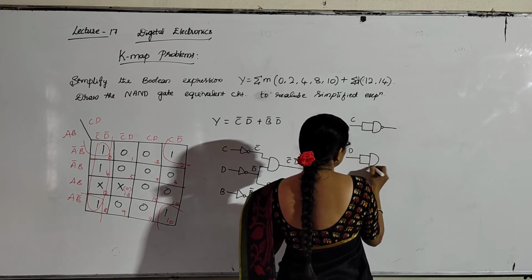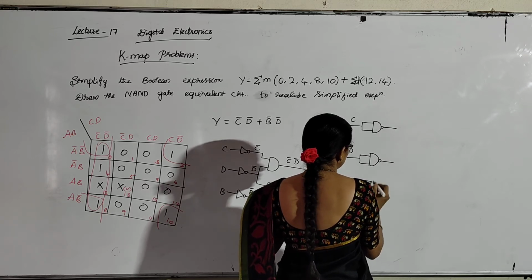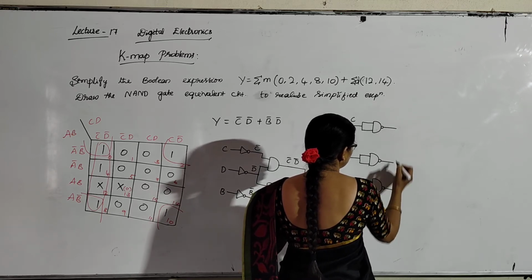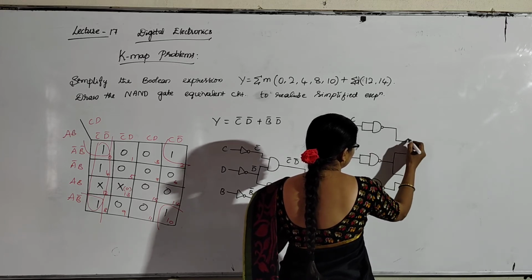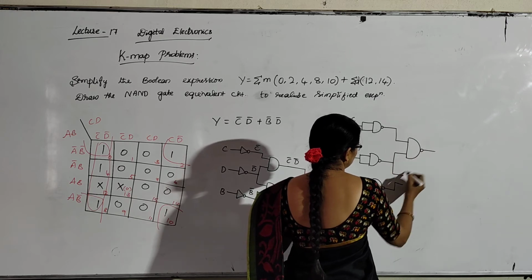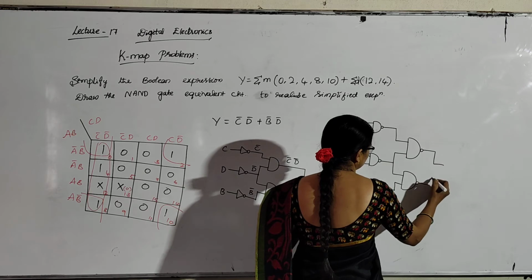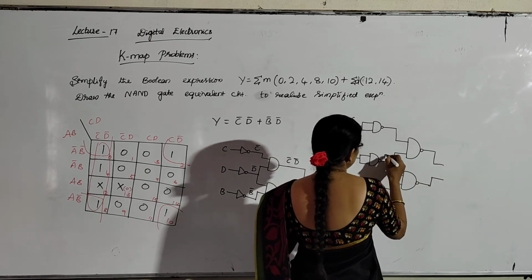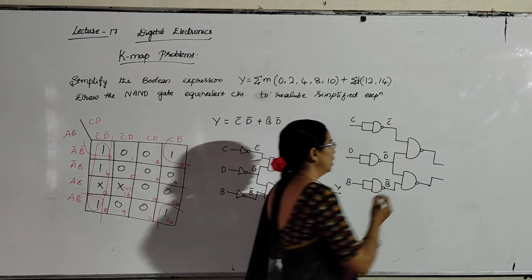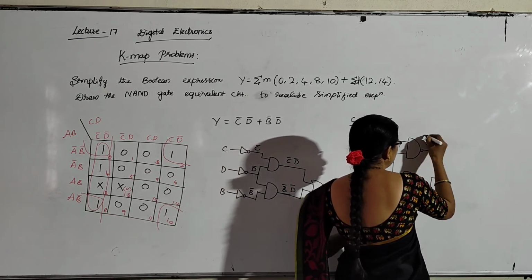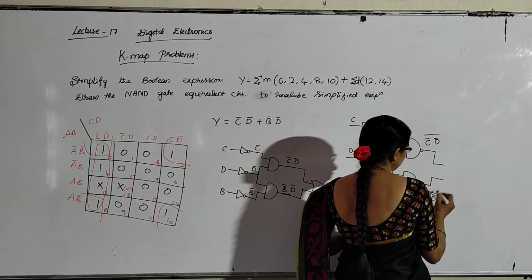You also try to draw by yourself. See, here it is D bar, C bar here, B bar here. Here it will be C bar D bar whole bar, here B bar D bar whole bar.